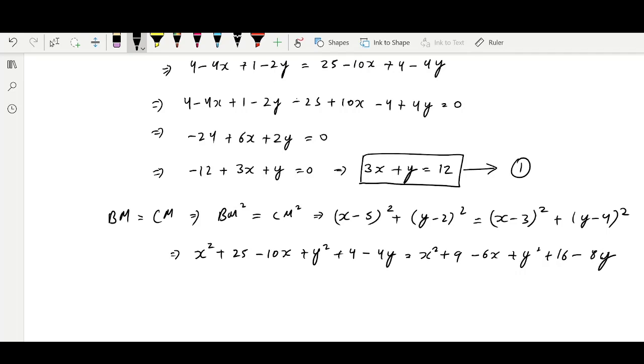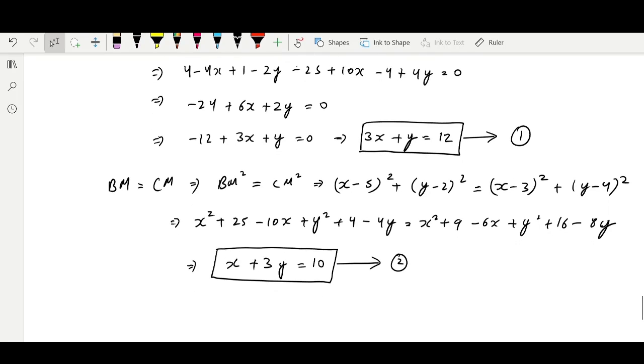And if you simplify this in the similar fashion, you will arrive at an equation x plus 3y equals to 10. This is the equation that you will get. Now you can solve equations 1 and 2 by substitution method.